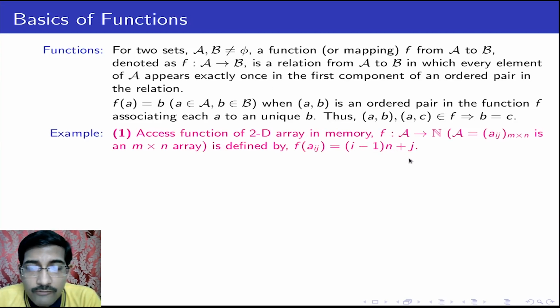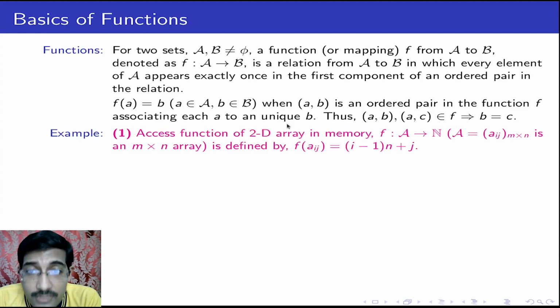An example of a function is the array, or two-dimensional array, that you have already used in your programming assignments. You visualize a two-dimensional array logically as m rows and n columns. However, in memory it is not stored as you visualize it in two dimensions.